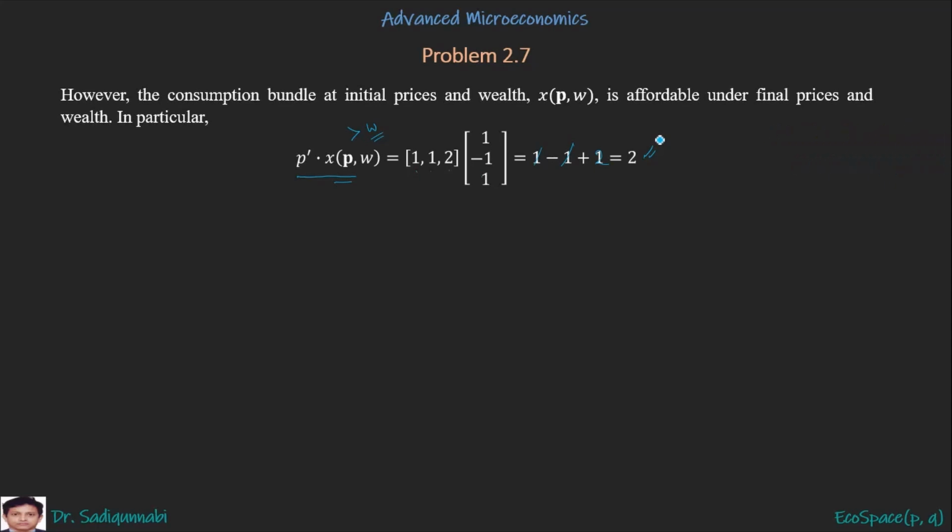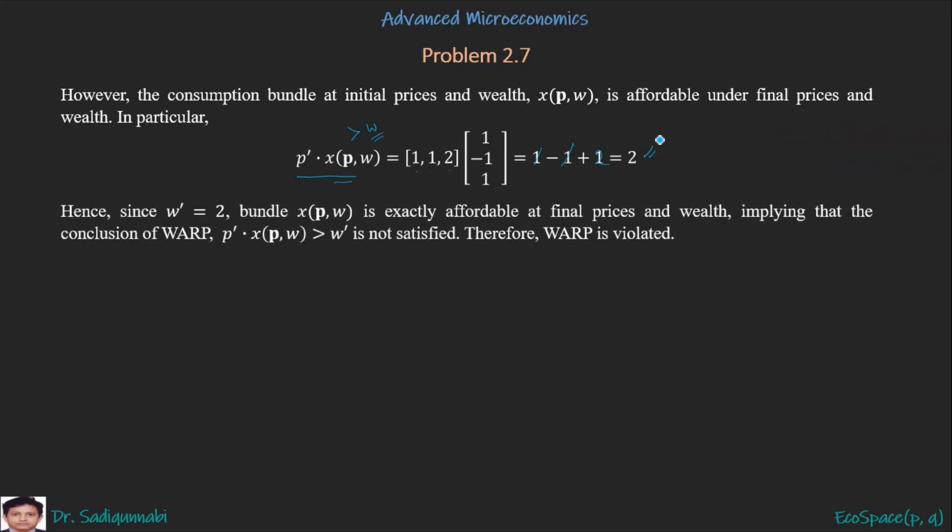And since W prime is 2, bundle X is exactly affordable. That means our case is not unaffordable, it is equal. I mean P prime dot X(P, W) is equal to W, it is not strictly greater.